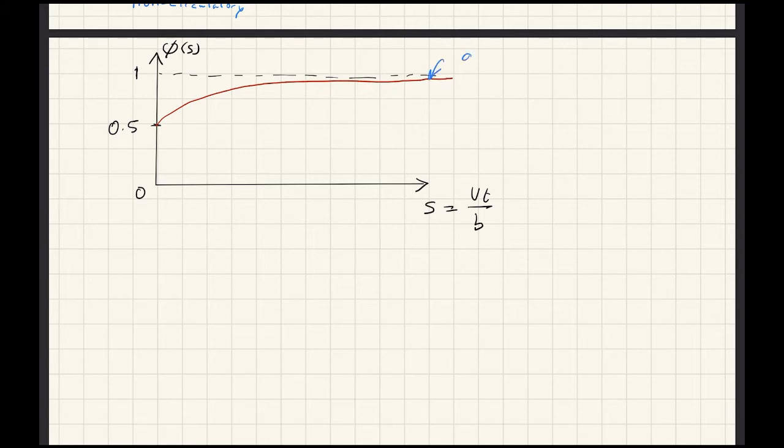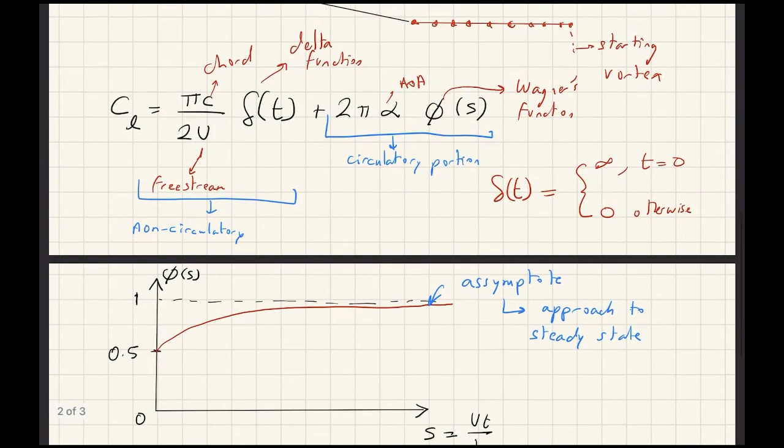This asymptote represents the approach to steady state. So as time goes on, the starting vortex moves to infinity, and thus has not much influence on your wing.